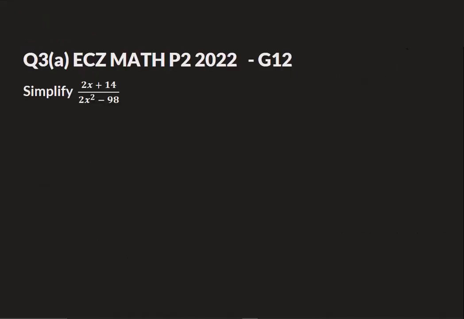We have yet another interesting question about difference of two squares. Here we've got to simplify 2x plus 14 divided by 2x squared minus 98. Right from the start, you can see we can't find the square root of 2, and we can't easily find the square root of 98. So the first thing we'll do, we'll factor out a 2.